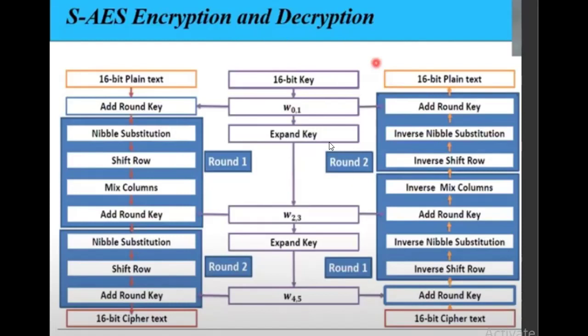first key generation process. Here you need to note that with AES, with the 16-bit input, the key generation algorithm will give three keys of 16 bits. AES has two rounds for encryption, but three keys will be generated out of the key generation process.